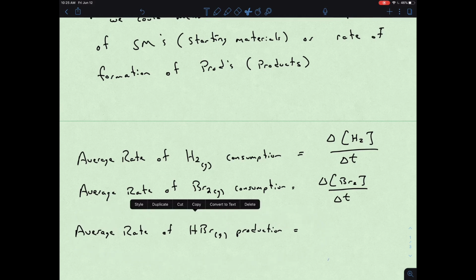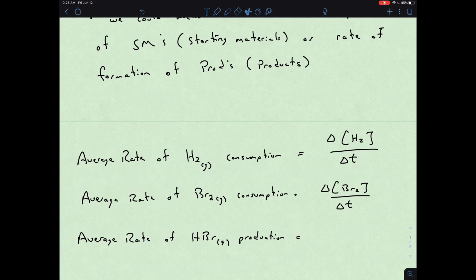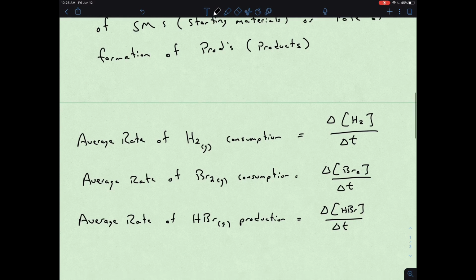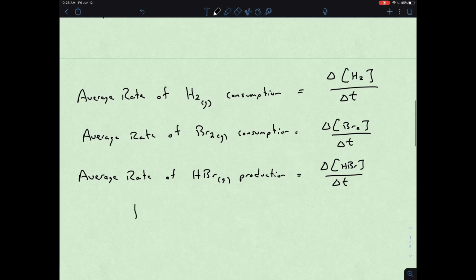So this is somewhat specific: which specific starting material am I looking at? Which specific product am I looking at? Again, that's just that very general reaction of hydrogen plus bromine to produce hydrobromic acid.